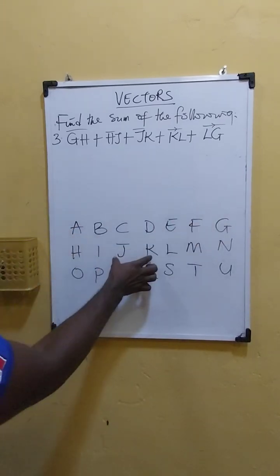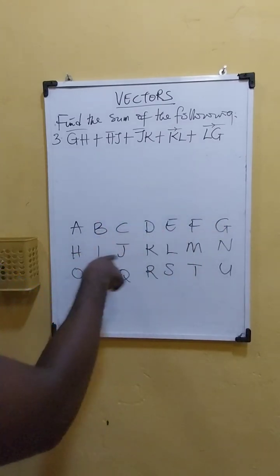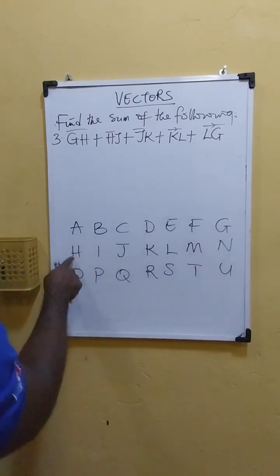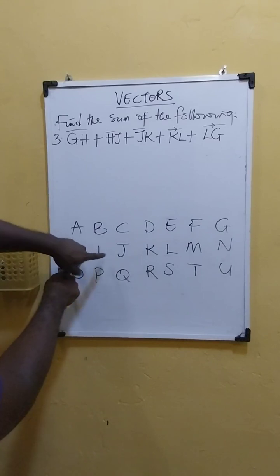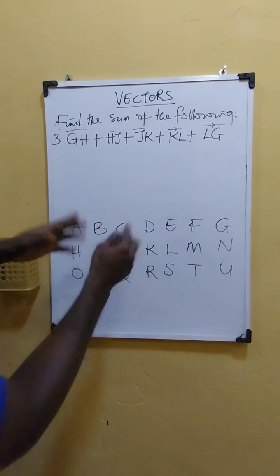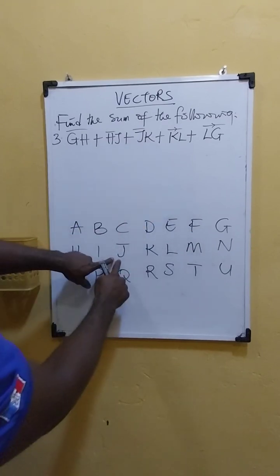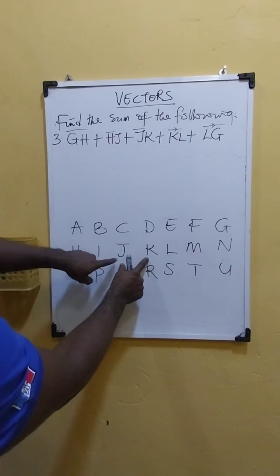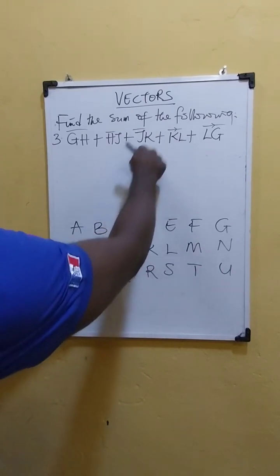Order in the sense not that it must be close, but in alphabetical arrangement. So GH comes before HJ. Did you get that? JK goes next after HJ. So this is good to go.